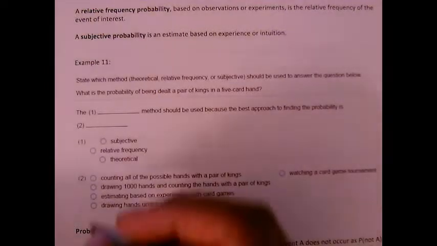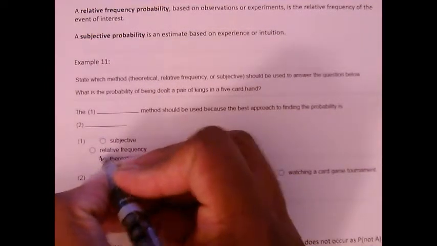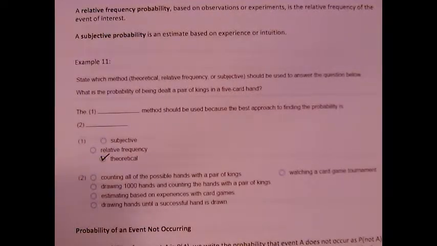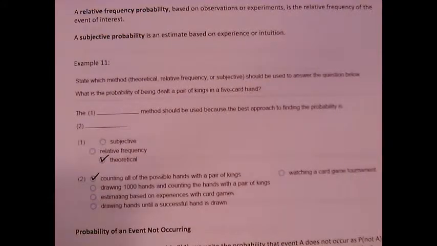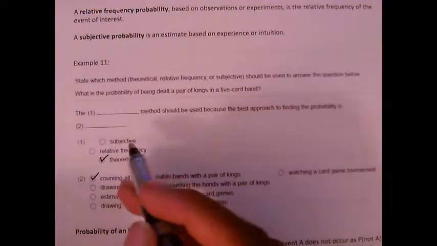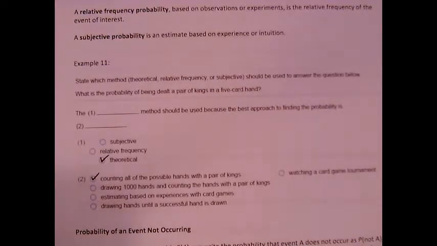But here, we have to think of it as a theoretical probability. Okay, because in a theoretical probability, we look at the number of ways that an event can occur. In this case here, we need to look at all the possible hands with a pair of kings. We have to count all the possible hands with a pair of kings. And keep in mind, in the homework, they're going to give you a drop-down menu to select those answer choices.